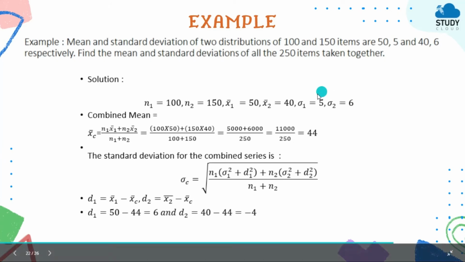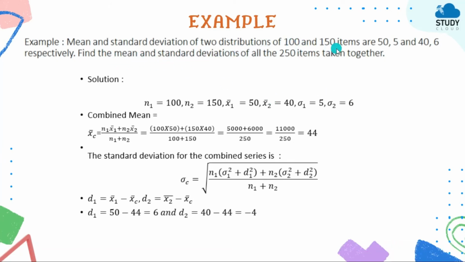Now let's check one example here. The example says the mean and standard deviation of two distributions of 100 and 150 items are 50 and 40, and 5 and 6 respectively. Means here n1 is 100, n2 is 150. Here x bar 1 is 50 and x bar 2 is 40. Standard deviation of the first is 5, standard deviation of the second group is 6. Here we have to find the combined mean and standard deviation of all 250 items.